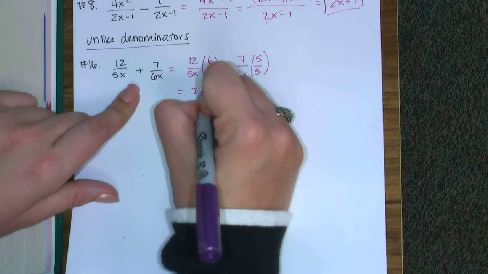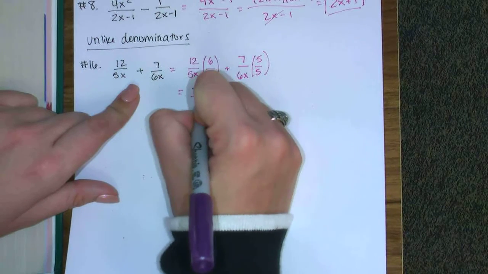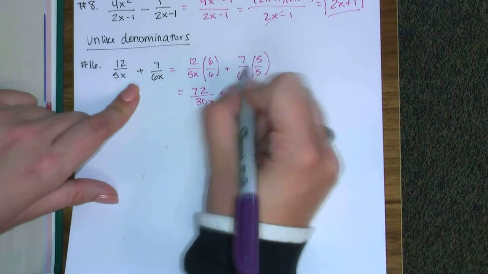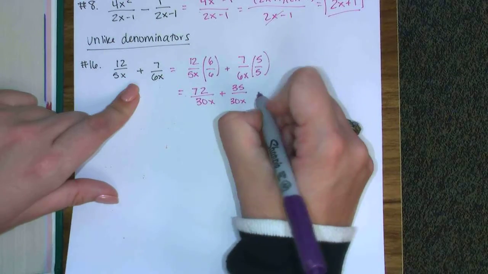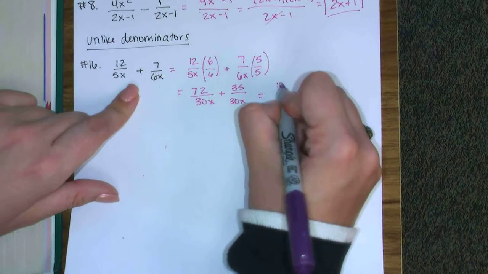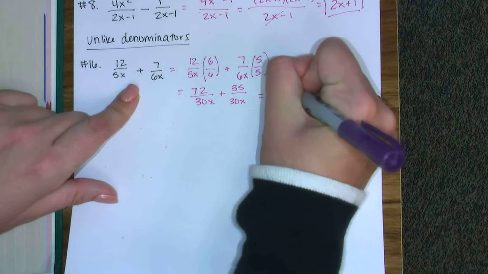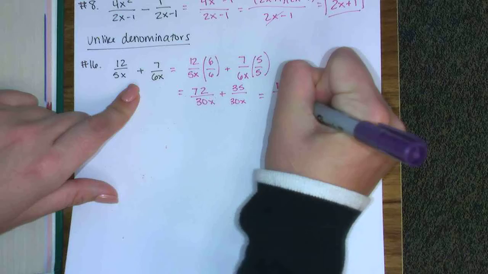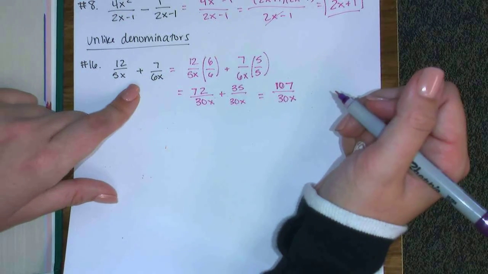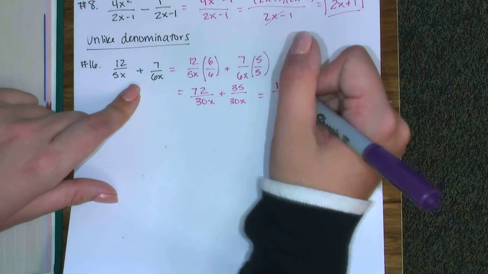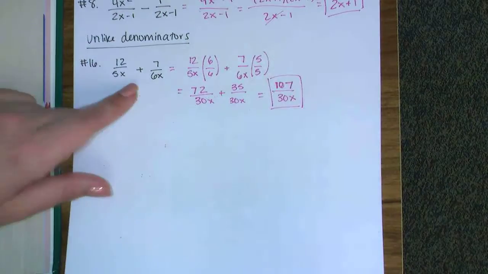We're going to hope that's right. 72 over 30x plus 7 times 5 is 35 over 30x. So then this ends up being 107 over 30x. And I don't think I can pull anything out of that, so then I would just leave this as my answer here.